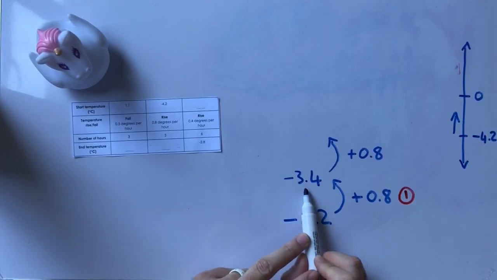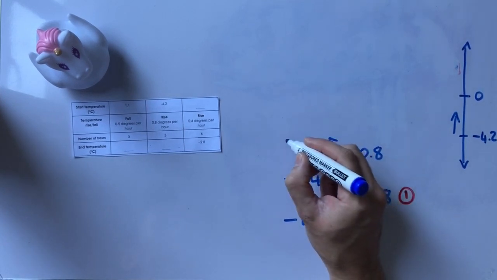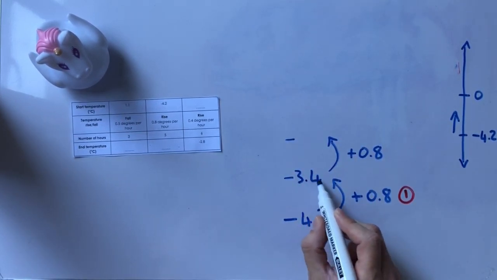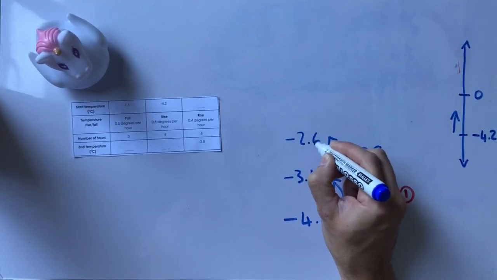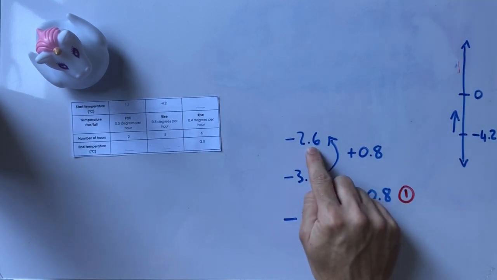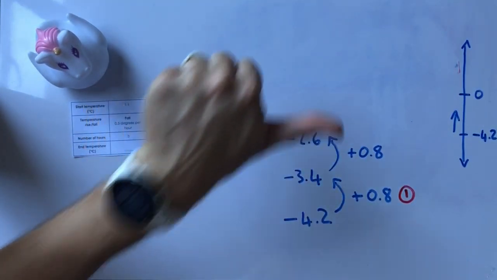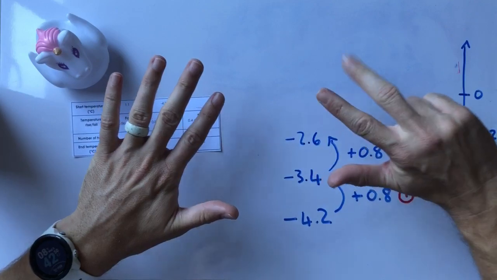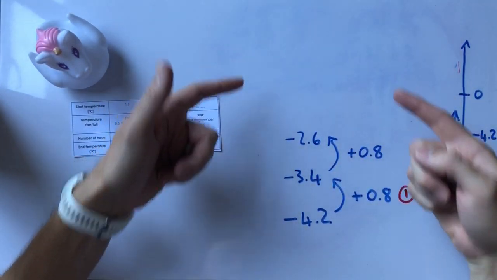So I have negative 34 plus 8, then I would have negative 2.6. Because if I took 26 and I counted 8, it'll be 26, 27, 28, 29, 30, 31, 32, 33, 34. So that's my 8, and I get to 34. So I'm just going backwards.